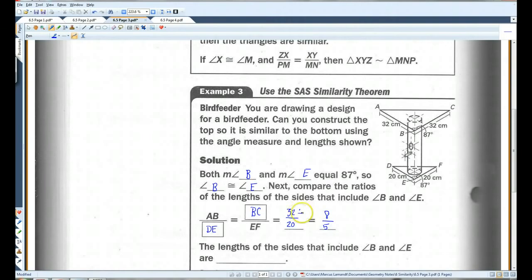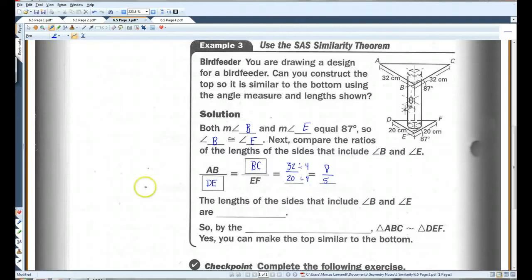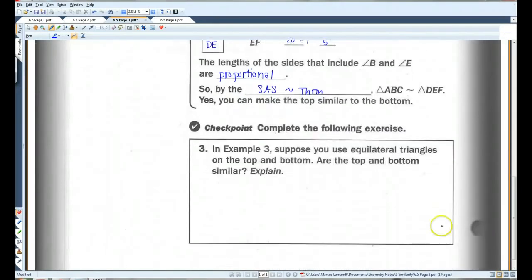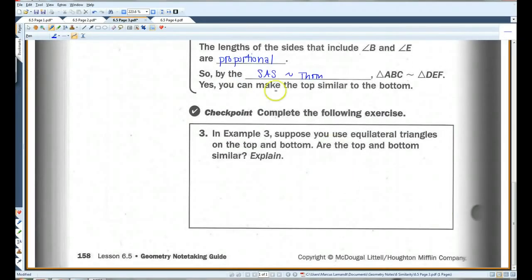That's if you divide top and bottom by 4. Okay? So the lengths of the sides that include angle B and angle E are, in fact, proportional. So, by the SAS Similarity theorem, the triangles are similar. So you can make the top similar to the bottom. Alright, I'll let you guys do the checkpoint. Let's go on to page 4.